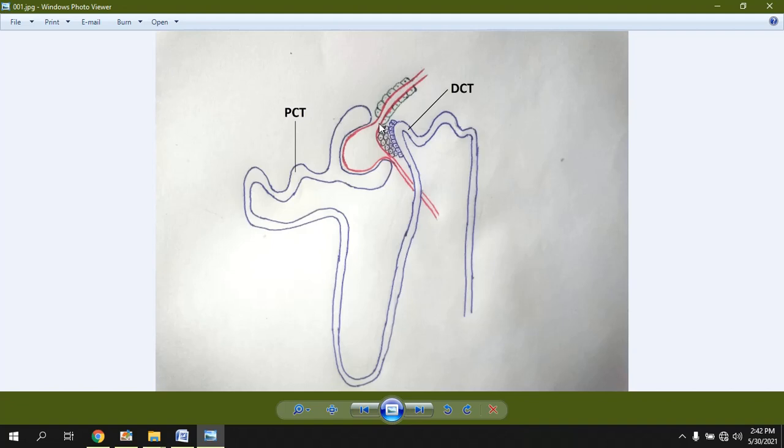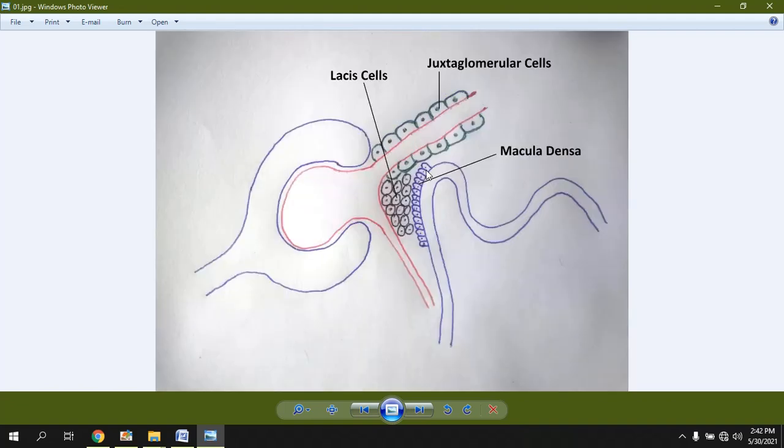You can see over here these are another type of cells. So the distal convoluted tubule is always in proximity with the renal corpuscle. In the next slide you can see over here, this is the distal convoluted tubule, and this is one end of the distal convoluted tubule.